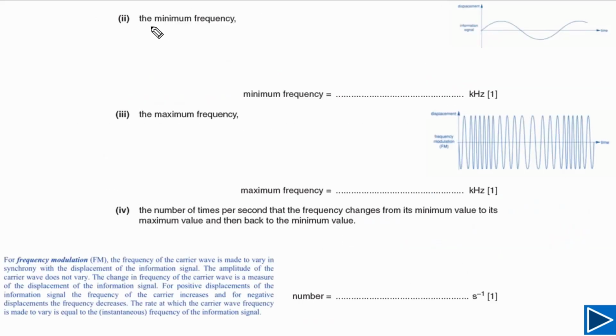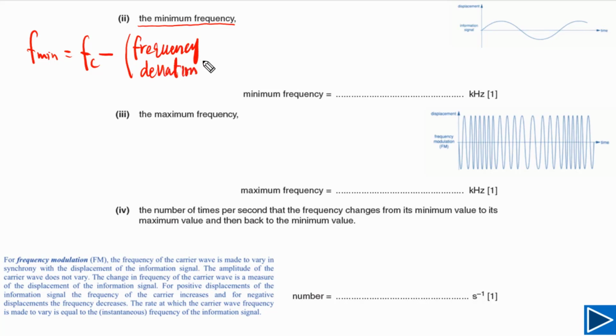The second part is asking us to calculate the minimum frequency of the frequency modulated wave. We can simply calculate the minimum frequency: we have the frequency of the carrier wave, and we just need to subtract the frequency deviation multiplied by the amplitude of the signal.